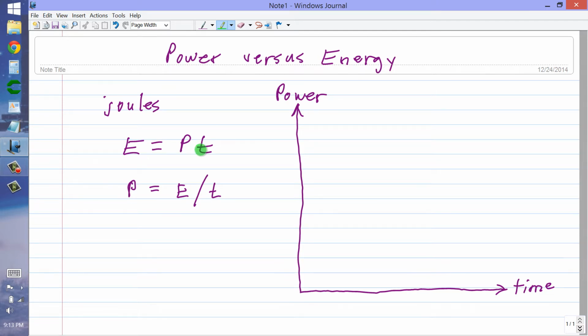In your home, though, maybe time is measured in hours, P is measured in kilowatts, so your energy would be expressed in kilowatt hours. Energy is power accumulated over time. Let's just say you have a 24-hour period.